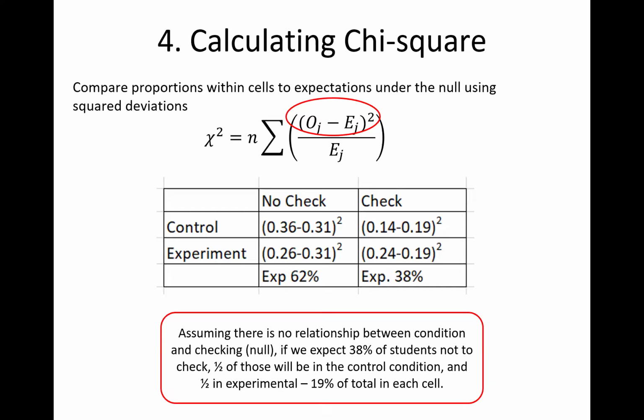The second one is the control who checked, 0.14 minus 0.19 squared. Third term, and so on. And we are going to divide each of them by their expected value. So I'll show that worked out next.